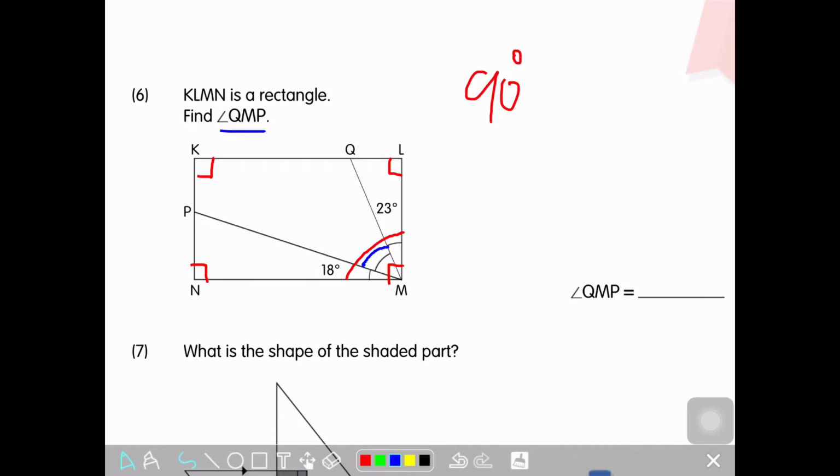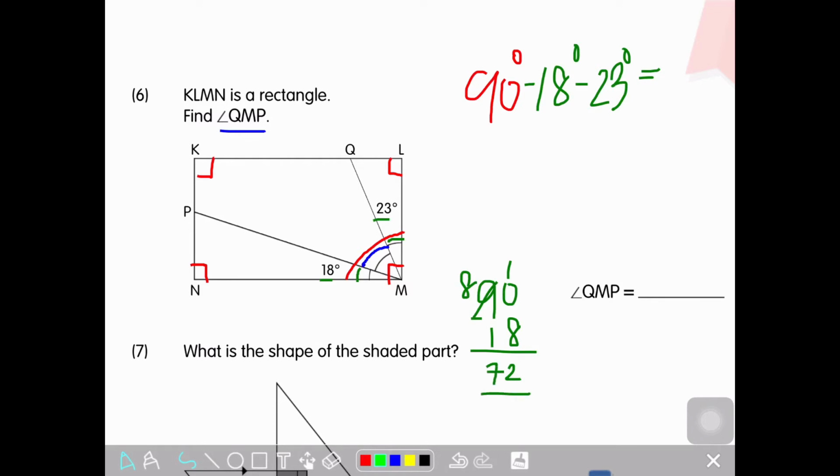How do we find the angle in blue color? We minus 18 degrees and 23 degrees. So now we do our workings. 90 degrees minus 18 degrees, and then 72 minus 23 degrees.